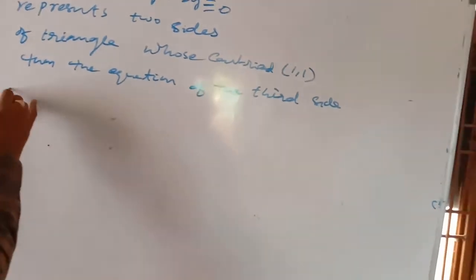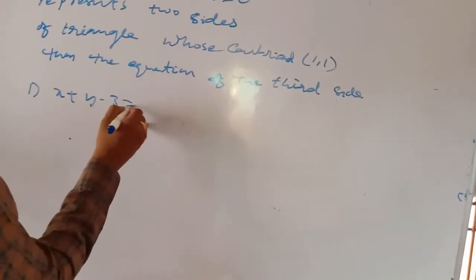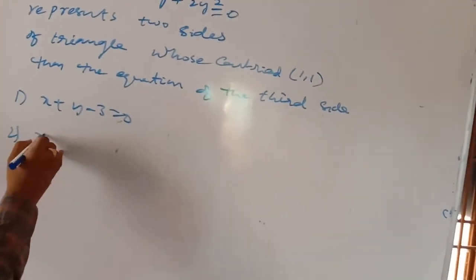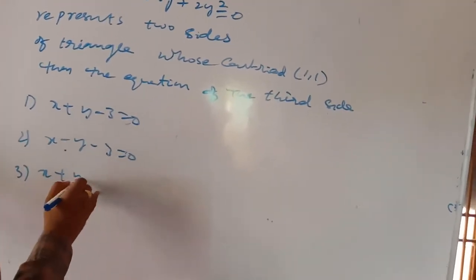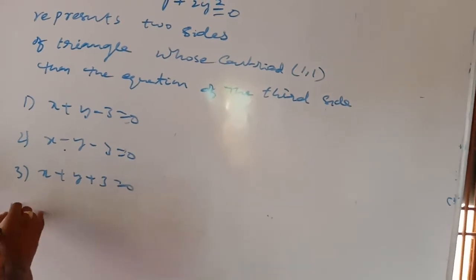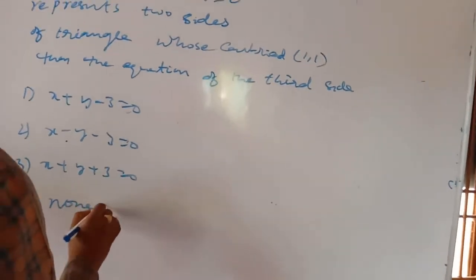Here the first option is x plus y minus 3 is equal to 0, the second option is x minus y minus 3 is equal to 0, the third option is x plus y plus 3 is equal to 0, and the fourth option is none of these.